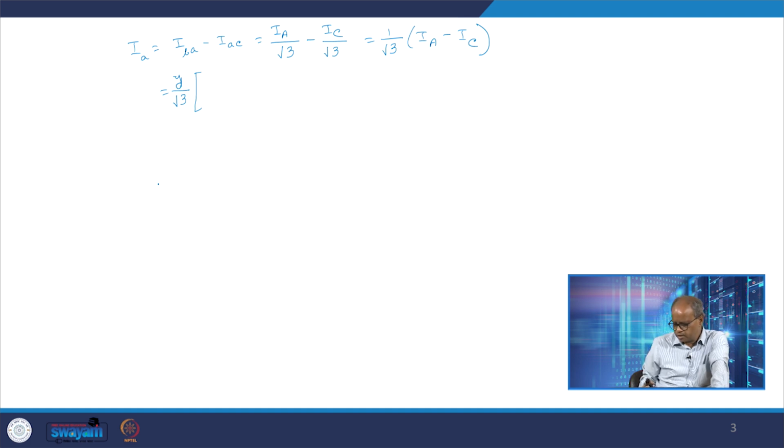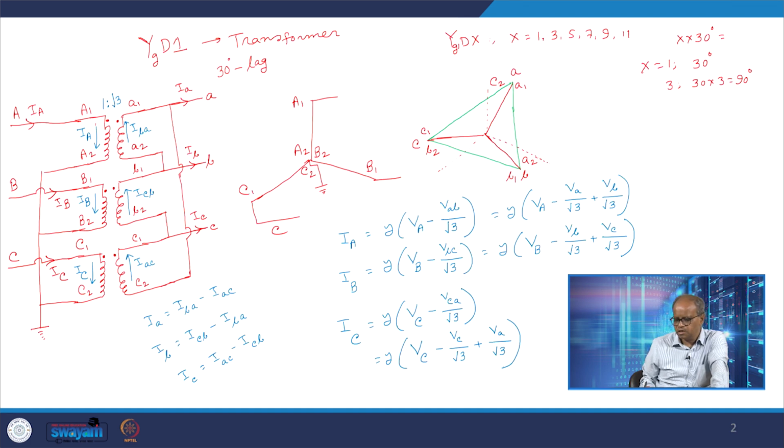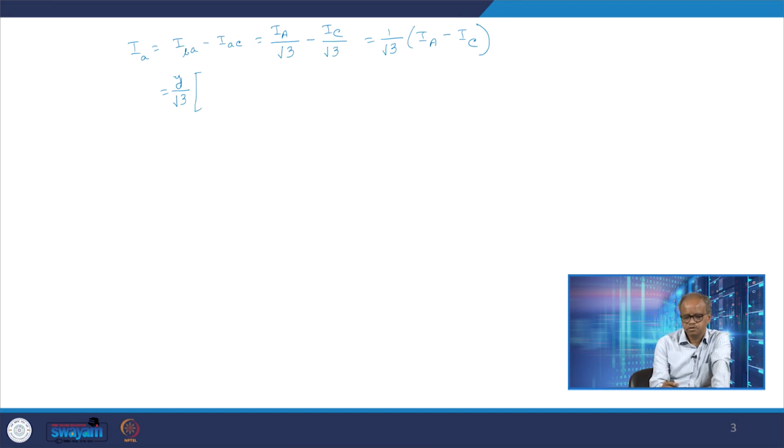So if I now write down the expression of IA, it is VA minus V small a by root 3 plus V small b by root 3.